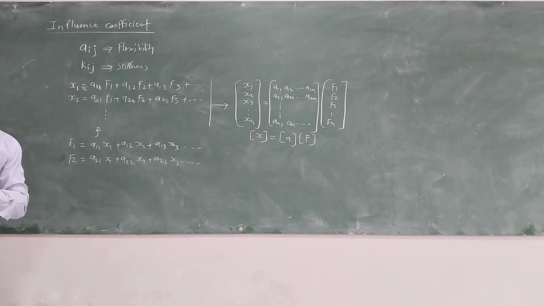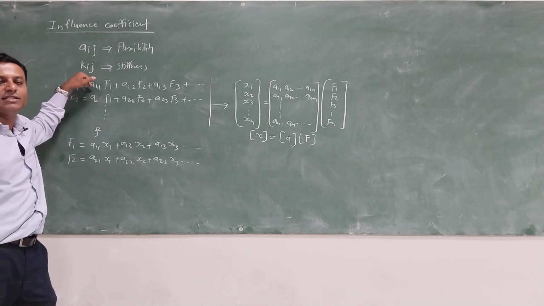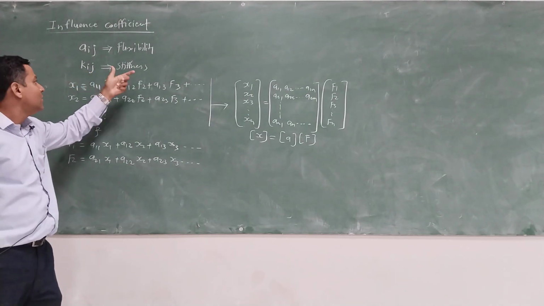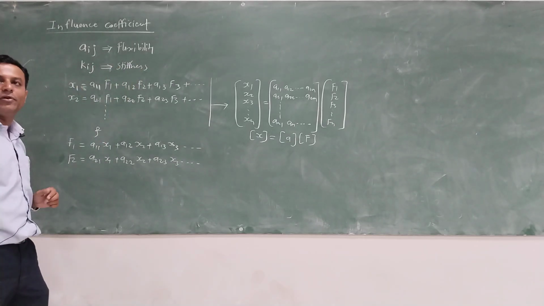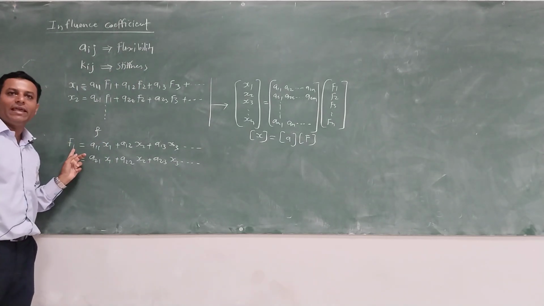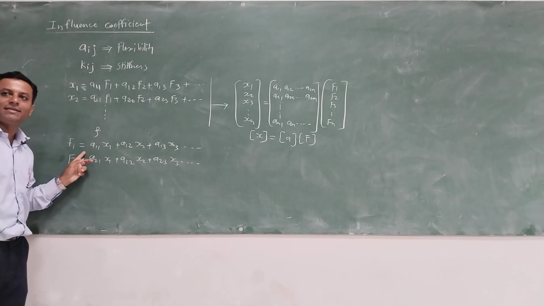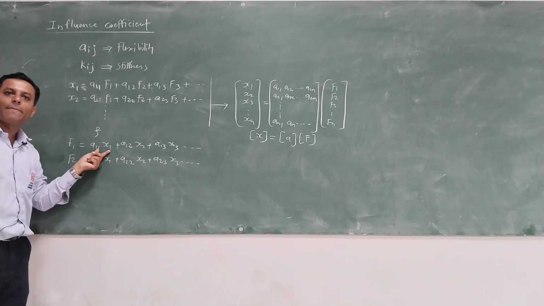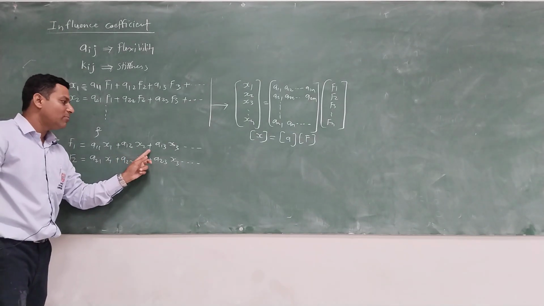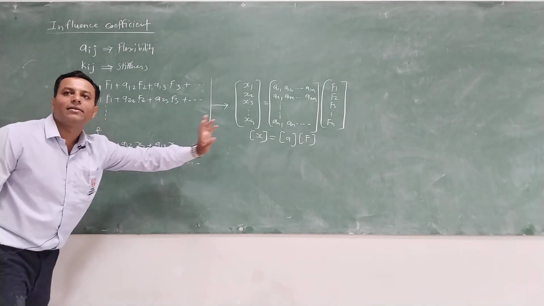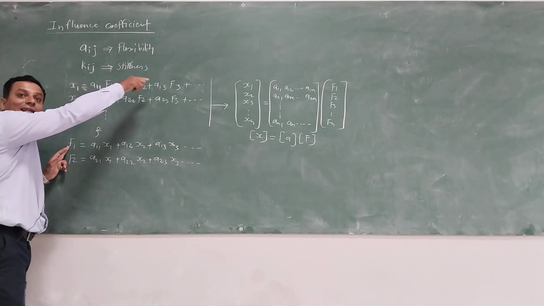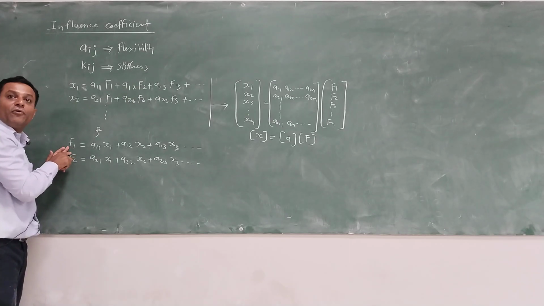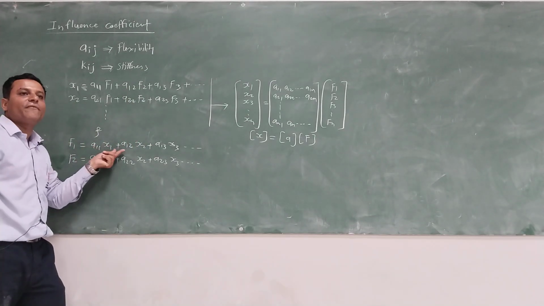Now there is another type of influence coefficient which is used, and the second type is called Kij, which is stiffness influence coefficient. So when we use stiffness influence coefficient, we can write the equations in the form of f1 is equal to k11 x1 plus k12 x2 plus k13 x3 till n. So here if you see the difference, the displacement is represented, and here the force is determined in terms of displacements.